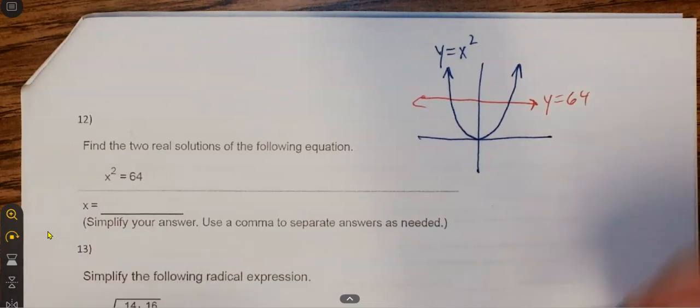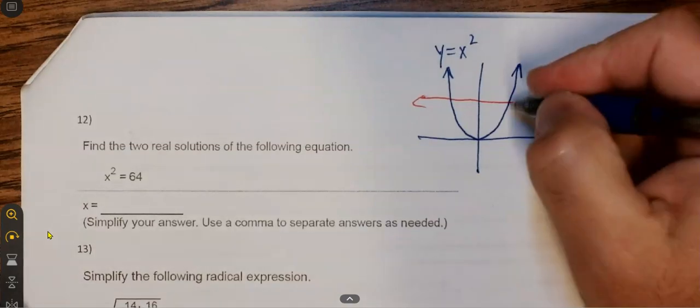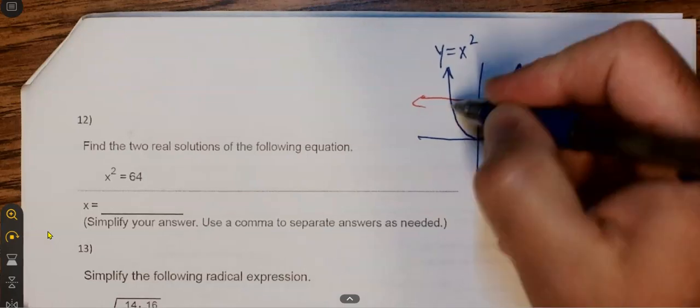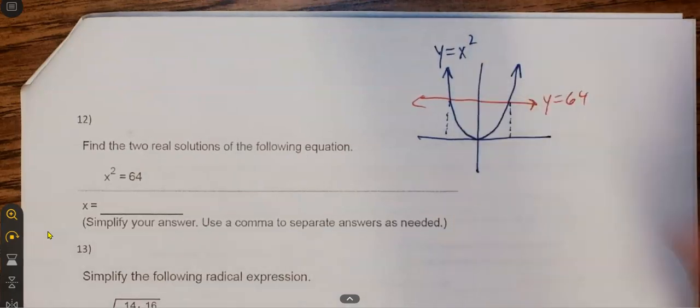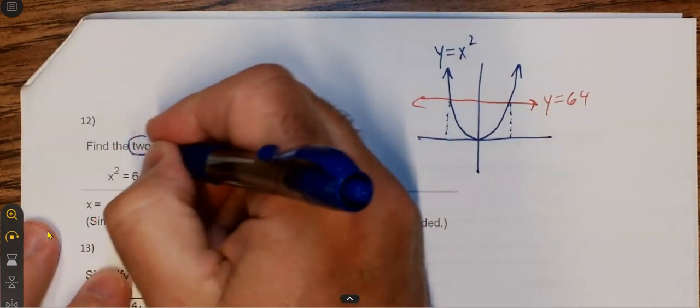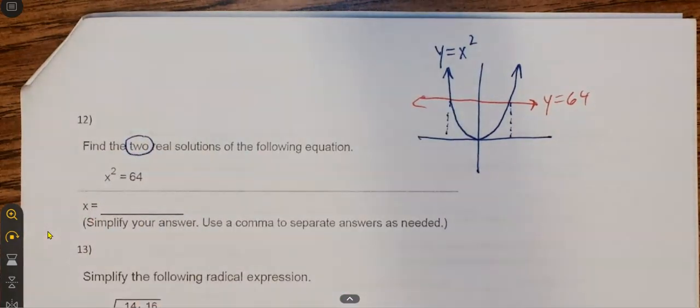And I asked you how many times does the horizontal line cross the graph of y equals x squared? 2 times. There's obviously one positive answer and one negative answer. It even confirms it in the instructions to the question, find the 2 real solutions of the following equation.